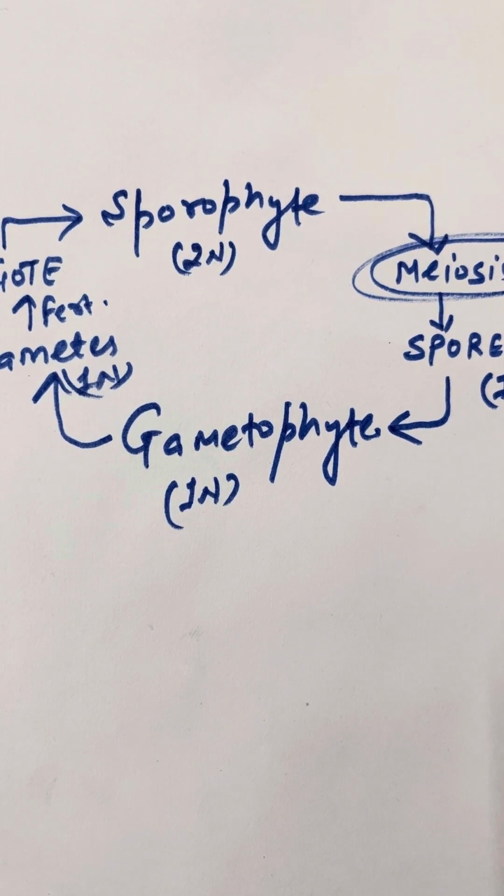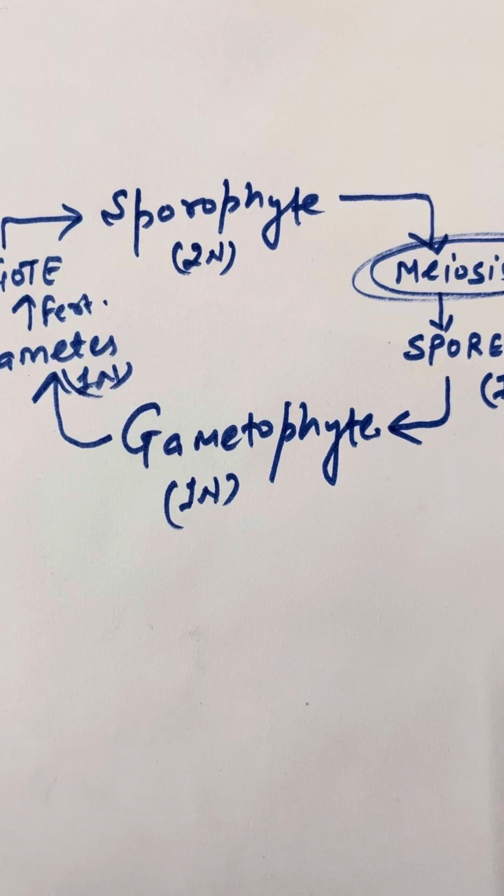In each type of plant, from bryophyta to angiosperm, the function of the gametophyte is to form gametes. The function of the sporophyte is to form spores.